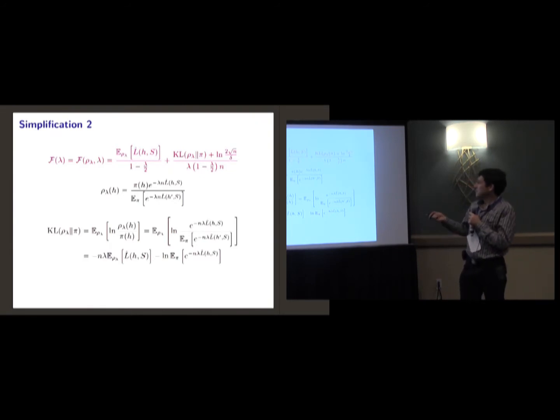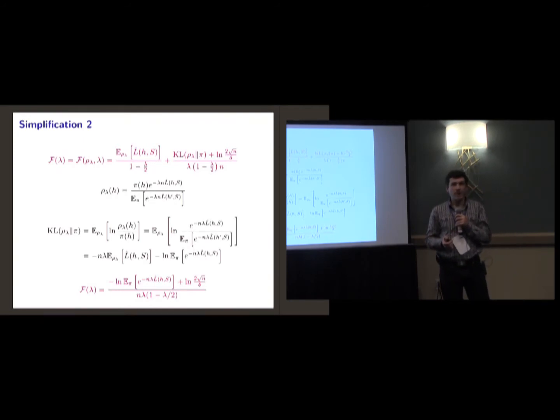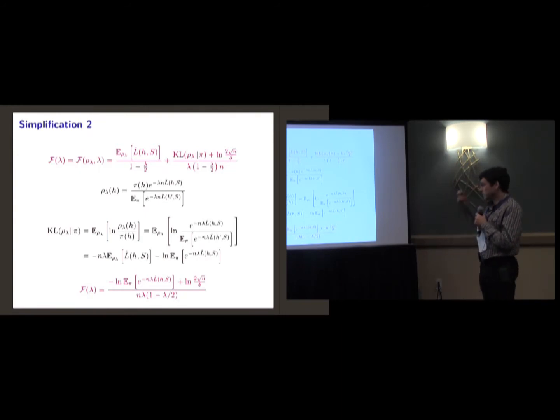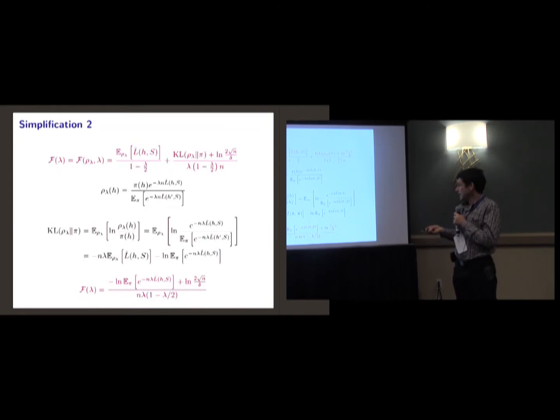If we plug this back here, then this term will cancel with this term, and we get that the one-dimensional function f of lambda can be written as this expression. Something similar to this you have also seen in Peter's talk earlier in the morning. So this is how the one-dimensional function looks.